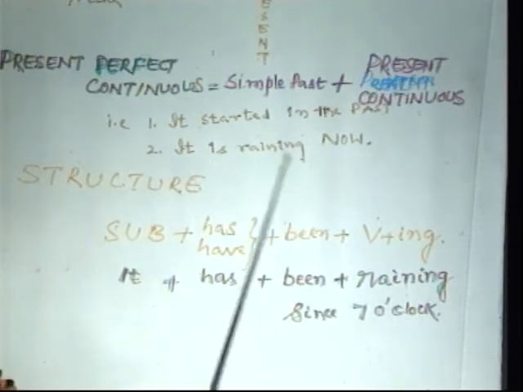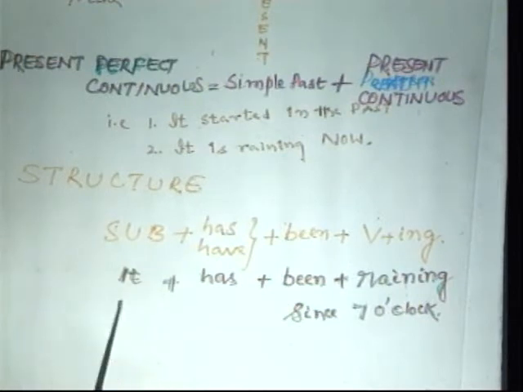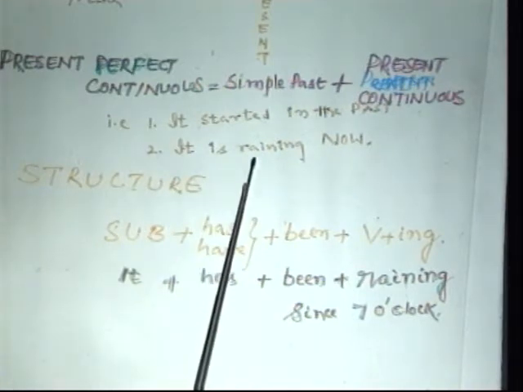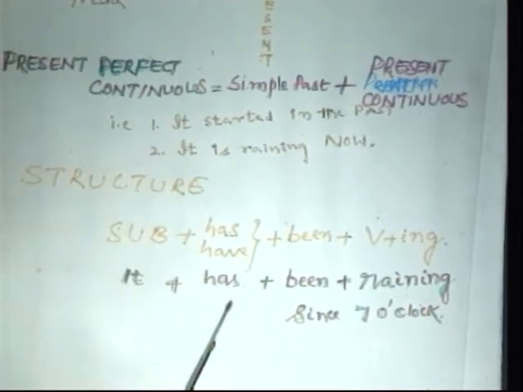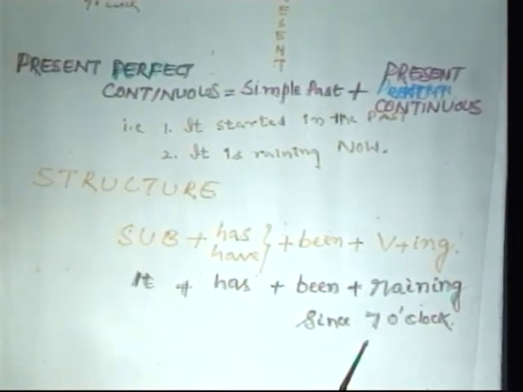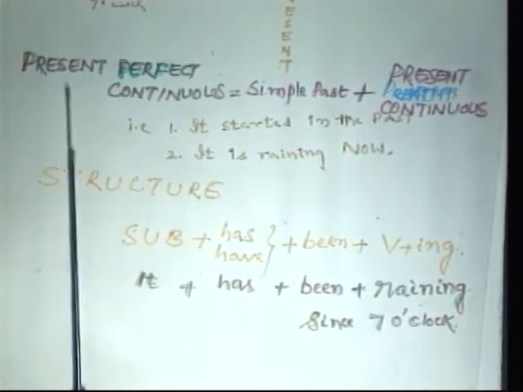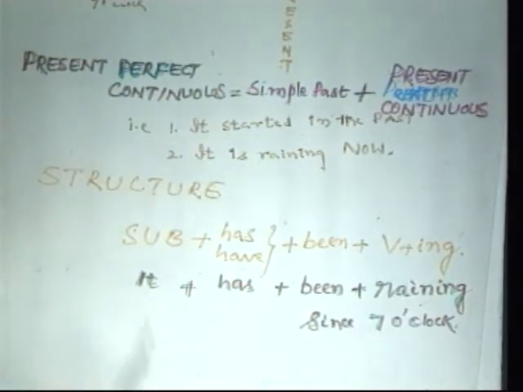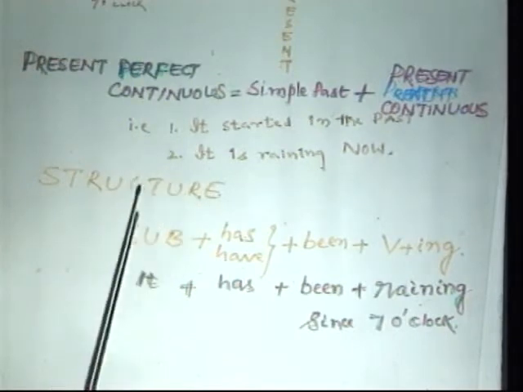That is how we have it. For example, it has been raining since 7 o'clock. It is raining now. Is raining is present continuous. Since 7 o'clock, because this activity started at 7 o'clock, this is past. Clubbed together, joined together, you have the present perfect continuous tense.